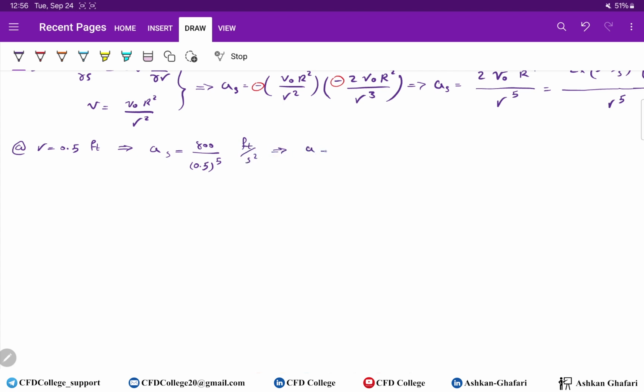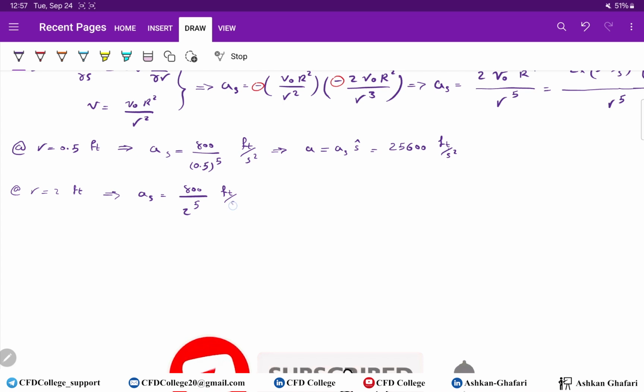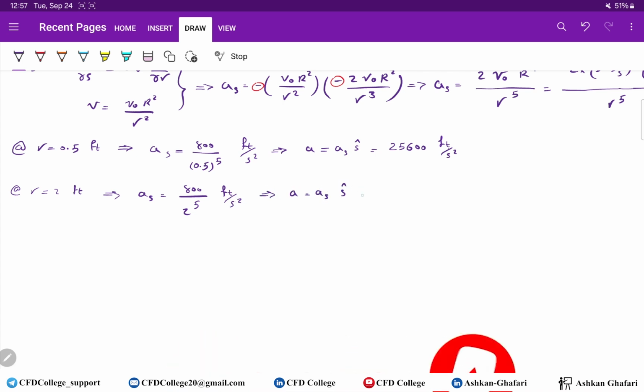So a equals as in s direction equals 600 feet per second square, and at r equals 2 feet, as equals 800 divided by 2 to the power 5 feet per second square. So a equals as in s direction equals 25 feet per second square.